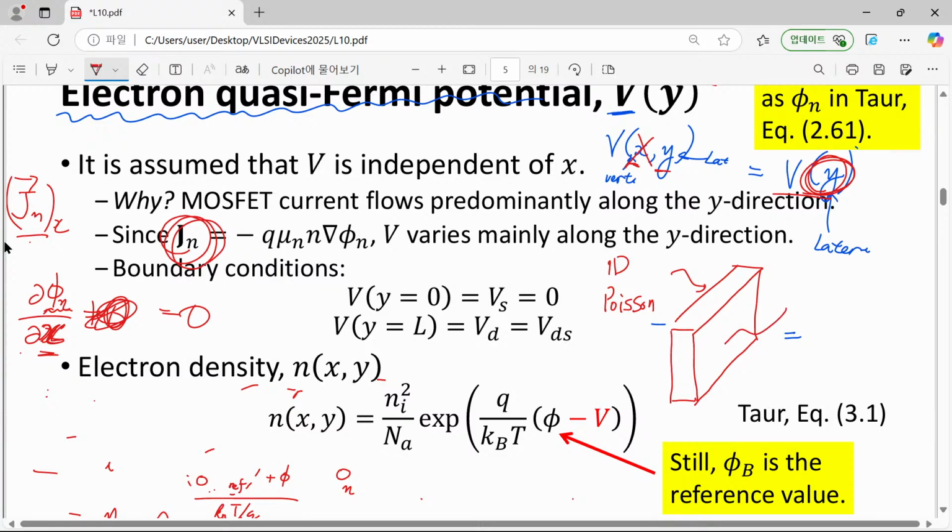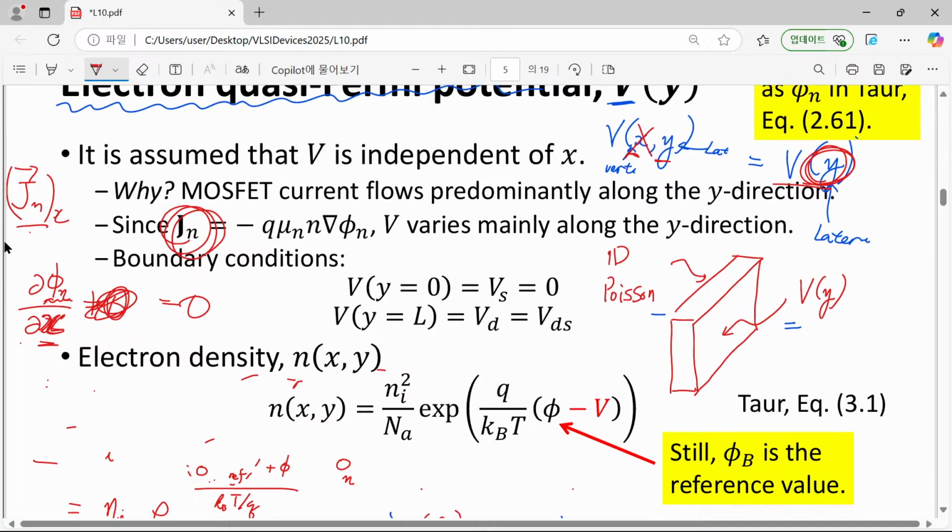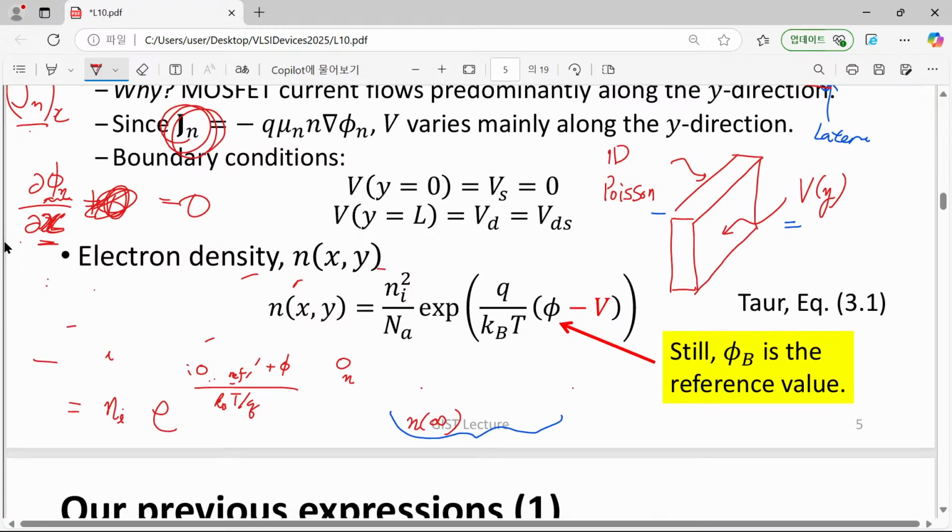Also, inside our slab, the quasi-Fermi potential is a constant. This is a great simplification. Now inside this slab we can treat the electron quasi-Fermi potential as a given number, so that introduces only a really minor change in our previous expression.